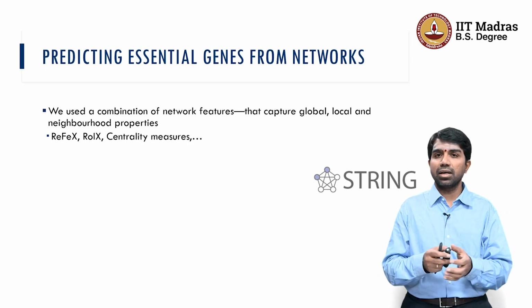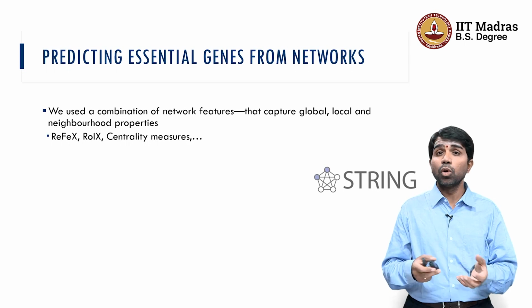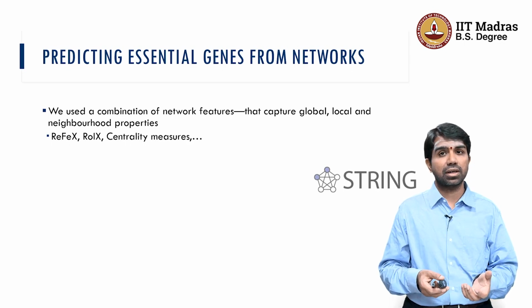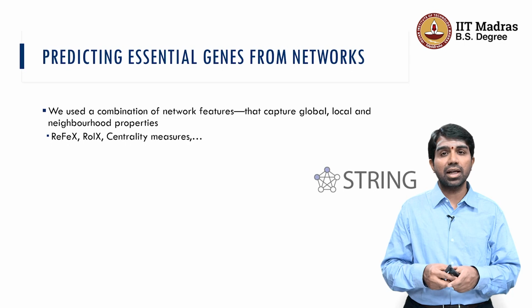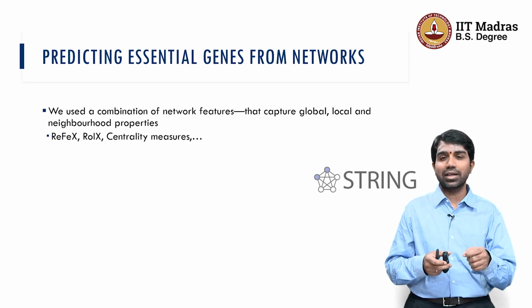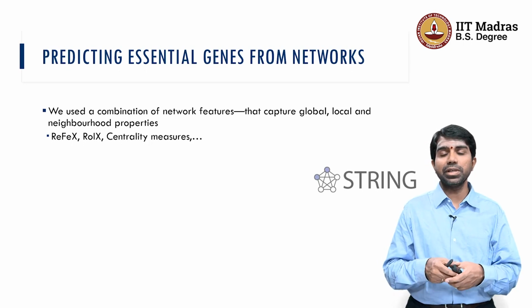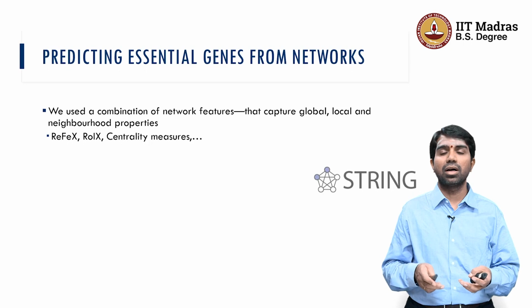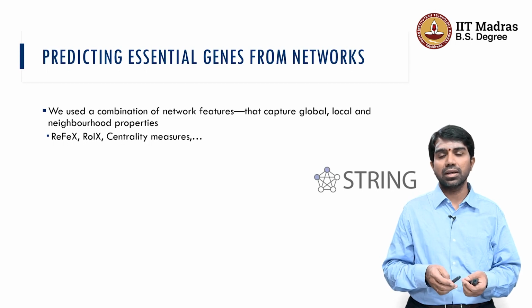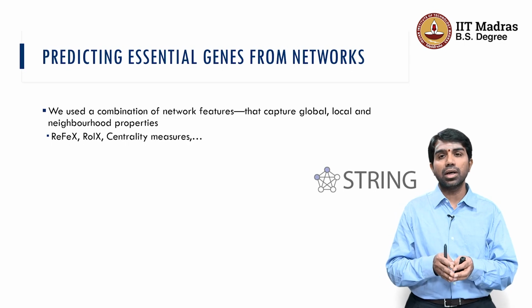Of course, things like average degree are also more global measures, and for local, you can think of things like random walk centrality. With random walk centrality, as you tune the alpha, if you make alpha very low, it means that you will not reset the walk very easily, so you will explore larger and larger regions around a particular node.